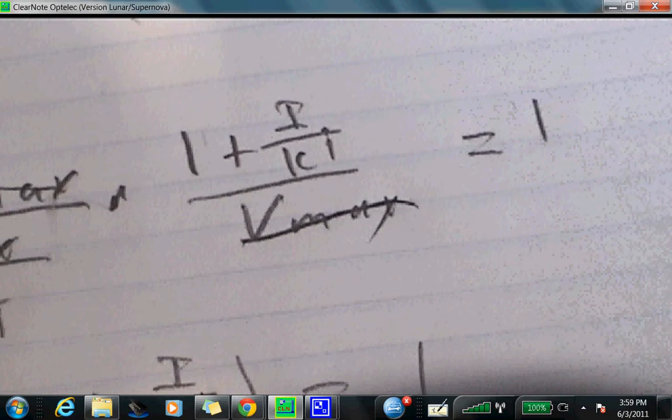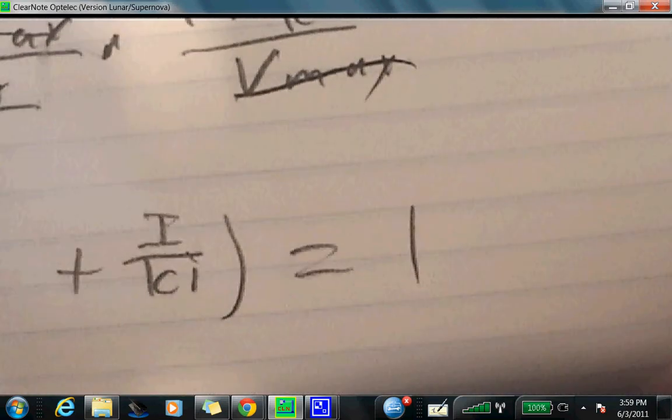So now I'm going to plug stuff in, and I want to solve for Ki. So this is going to equal I divided by 3 equals Ki.